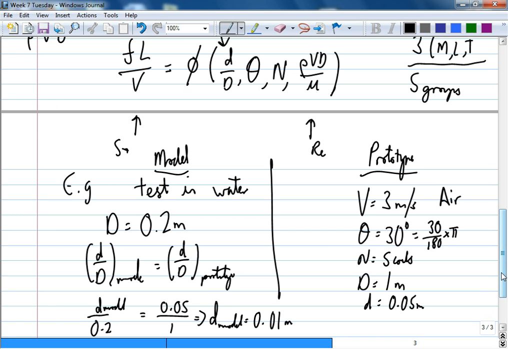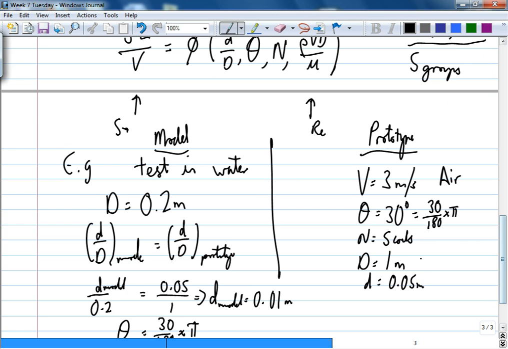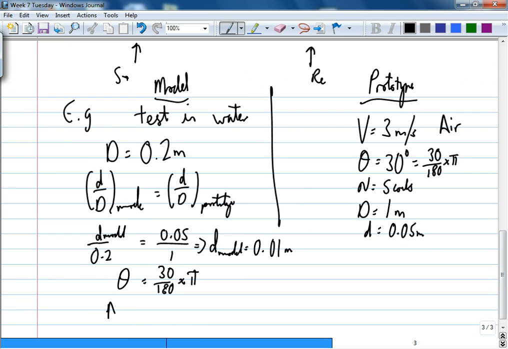Then we conduct the experiment, measure the output from the model, and use that to predict the prototype. That's why n is the same. Here n is 5. How many coils do you expect here? 5. Obvious. So this n and this n are the same.